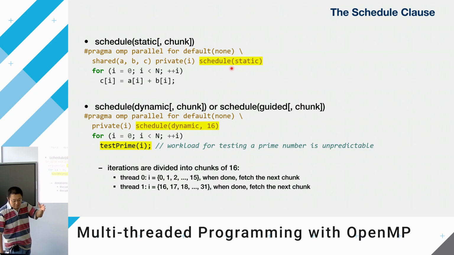The threads just run the calculation. But if the workload is unclear, for example, the workload for testing if a number is a prime number, this is unpredictable. In this case, it's better to use dynamic scheduling, and then the scheduler is able to fill the threads if they are free.